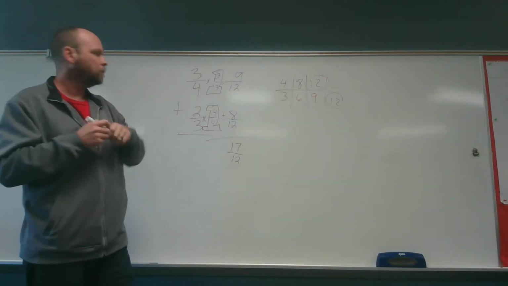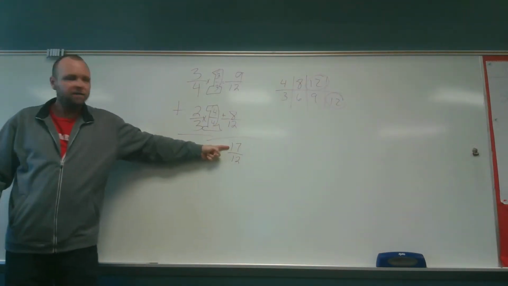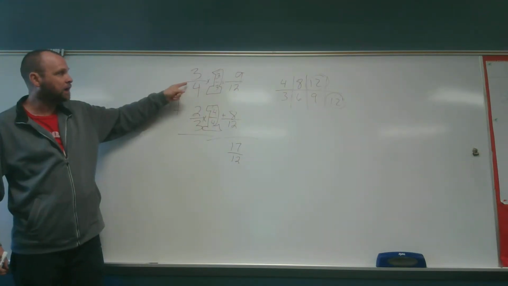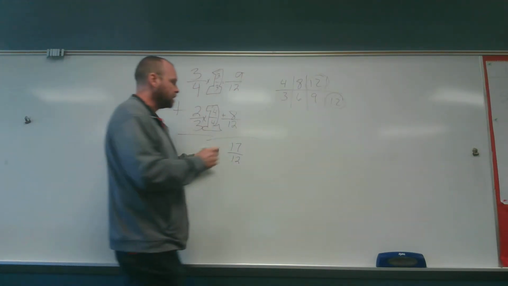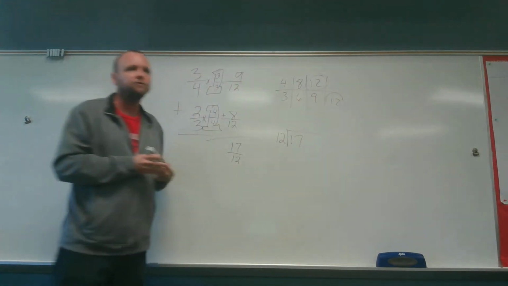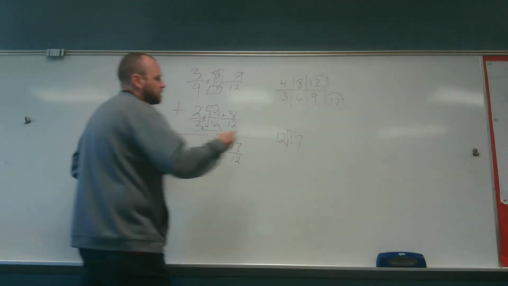We divide. Because a fraction is a division problem. This says 17 divided by 12. This says 3 divided by 4. Ari, how many times does 12 go into 17? 1 time.